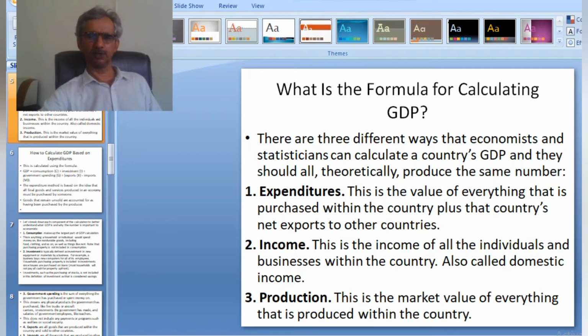This is the market value of everything that is produced within the country. The production method is also called the value added method, where we add the value contributed by each and every stage of the production. Now we are going to discuss each method in detail.